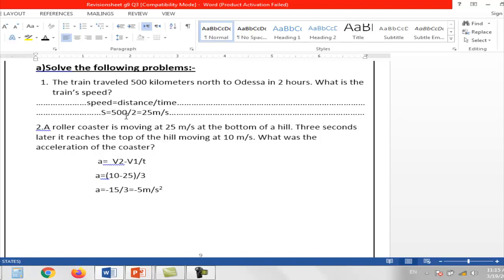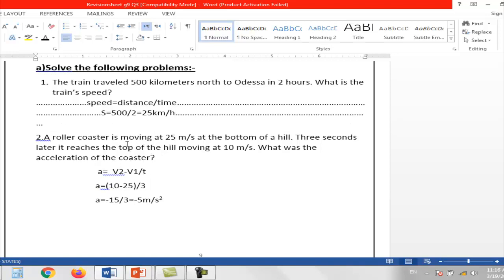So 500 divided by 2 equals 250? No. So here, speed equals distance divided by time. So the answer will be 500 divided by 2 equals 25. 25 what? Kilometers per hour. Excellent.